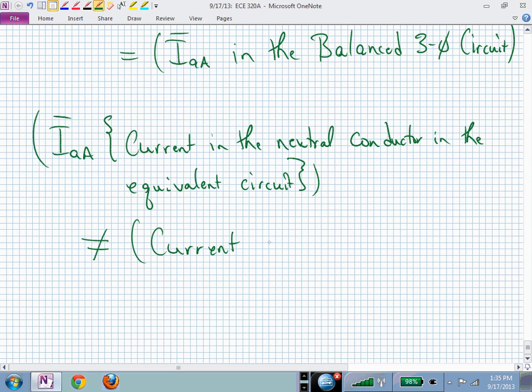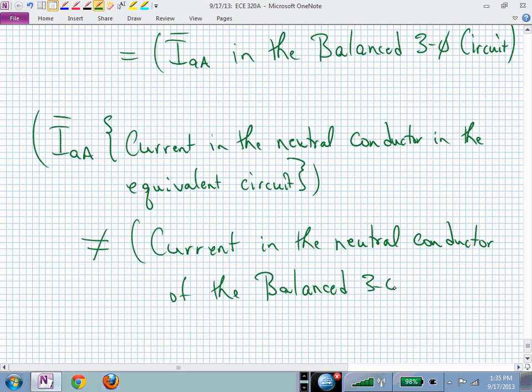It is not equal to the current in the neutral conductor in the balanced three-phase circuit.